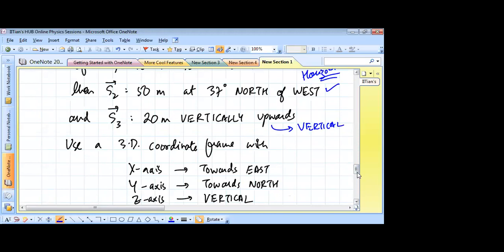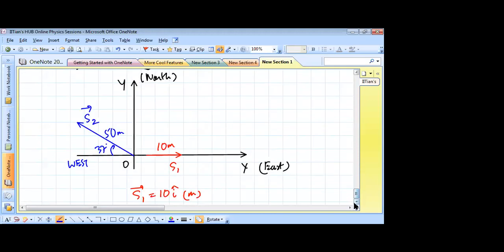North of west. So now how we'll write S2 as a vector in component form. S2 will have an x component which is negative of how much? Minus 40. And a y component which is positive, plus 30.